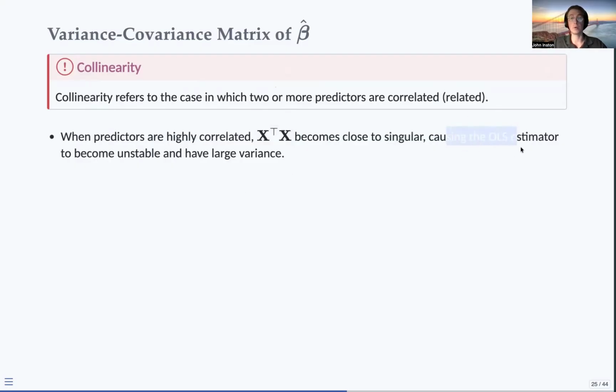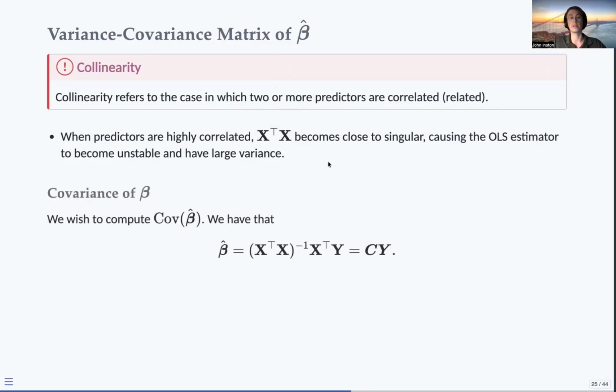This is something we'll look at more closely when we consider different models, because you will quite often see this problem arising in machine learning models which involve linear algebra, when computations result in a singular or very close to singular matrix, breaking things down and exploding the variance. So to compute the covariance of beta, we wish to compute the covariance of this term.